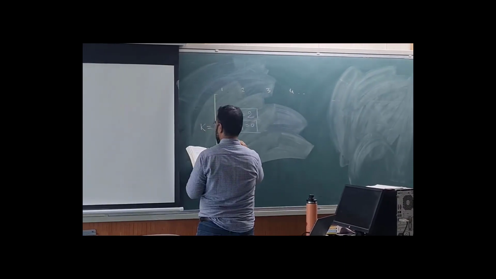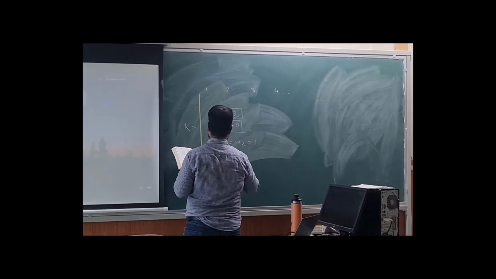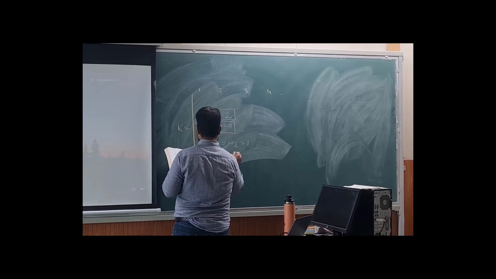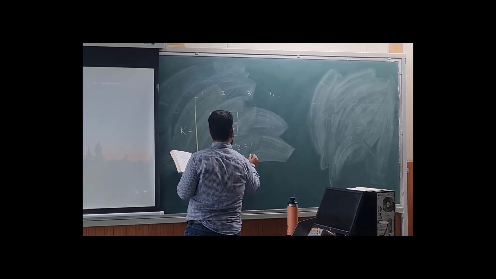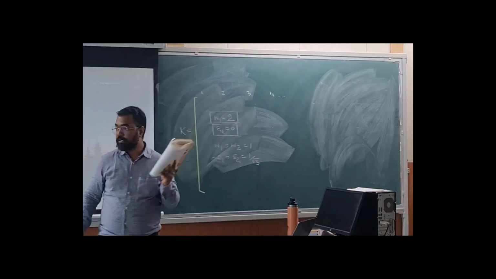So for 2 points Gauss quadrature, we have W1 is equal to W2 is equal to 1, and epsilon 1 is equal to minus epsilon 2 is equal to 1 by root 3. Okay, so these are the 2 sampling points and the 2 weight functions.